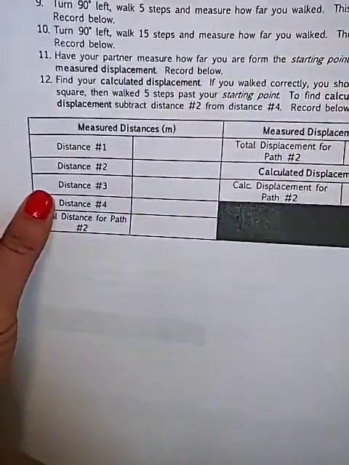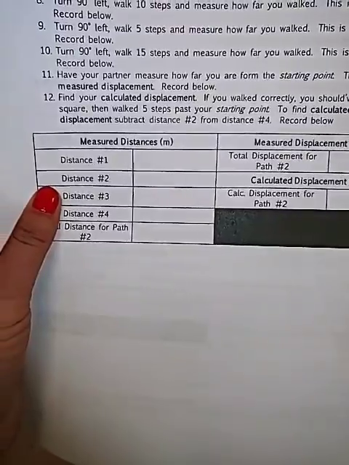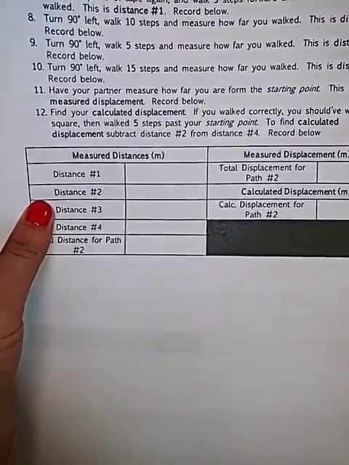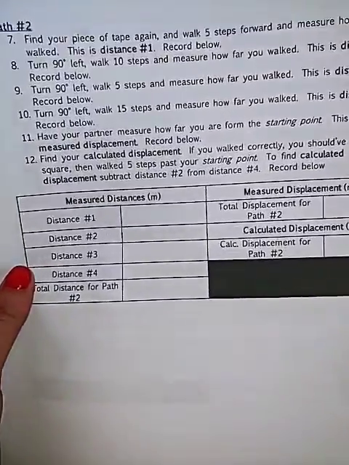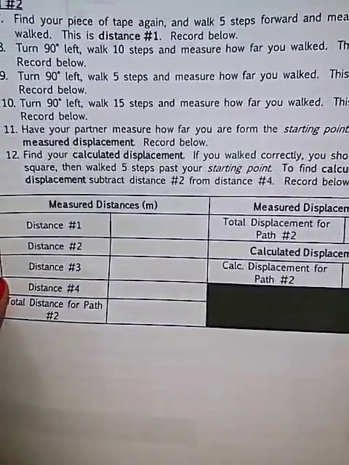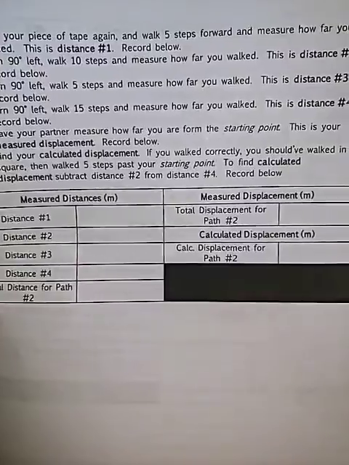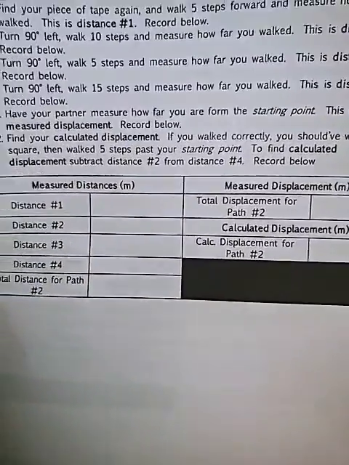For distance number 2, it will be 4.84 meters. Number 9, turn 90 degrees left, walk 5 steps, and measure how far you've walked. This is distance number 3.